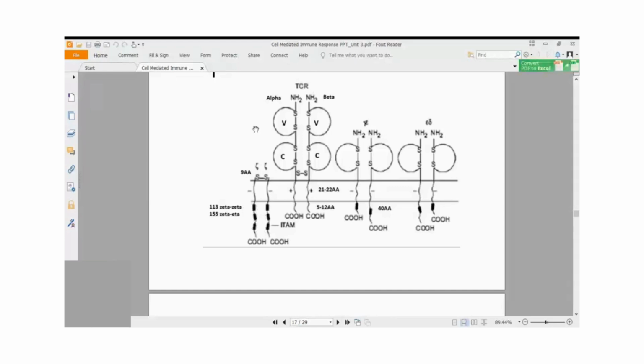So altogether, the T cell receptor consists of the T cell receptor of its own, alpha beta or gamma delta, together with the CD3 complex, which is made up of gamma epsilon and epsilon delta plus zeta zeta or zeta eta. That is also included in the CD3 complex.